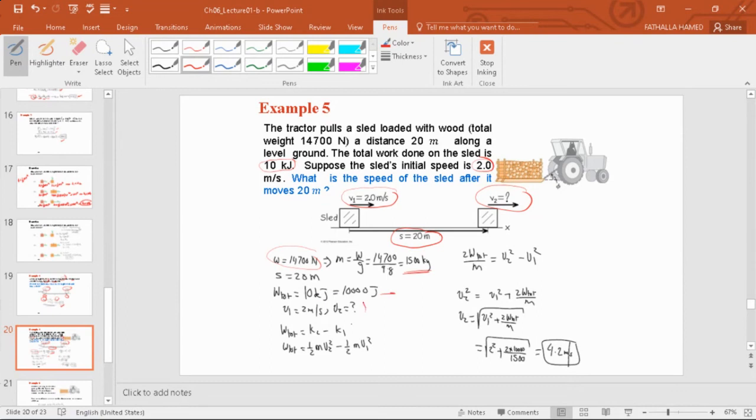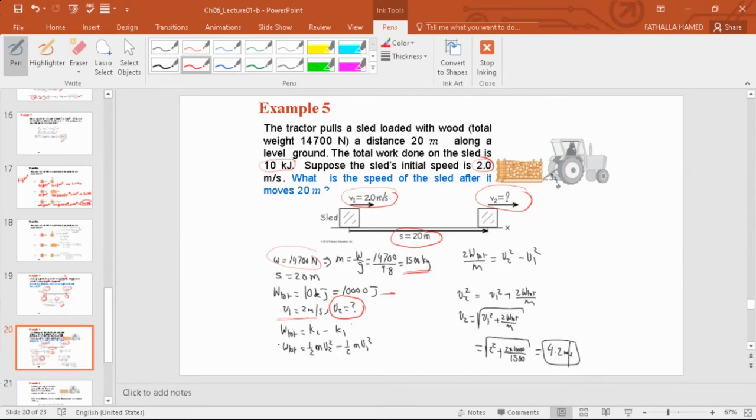And they ask us what is the final speed, or v2, if the initial speed is 2 meters per second. Our definition from the work-energy theorem says total work should equal K2 minus K1, which is 1/2 m v2 squared minus 1/2 m v1 squared.